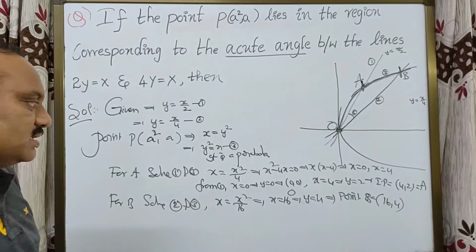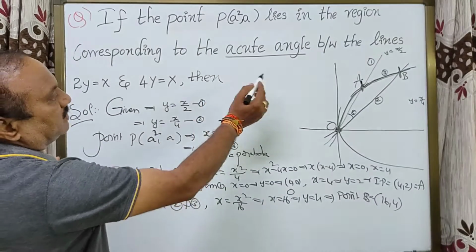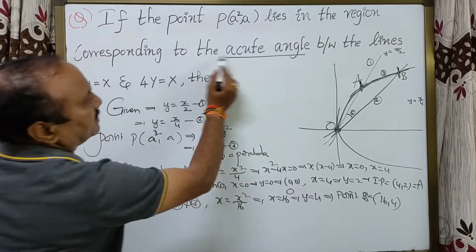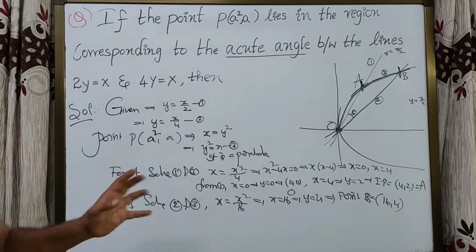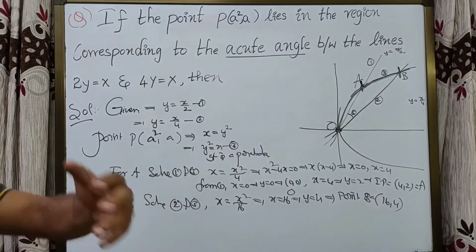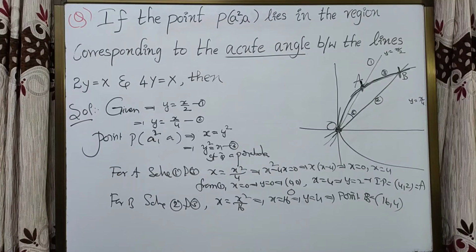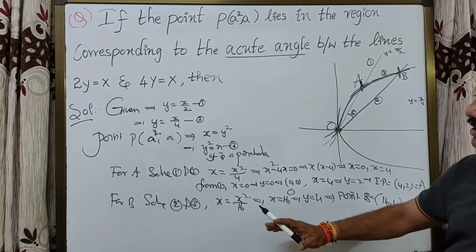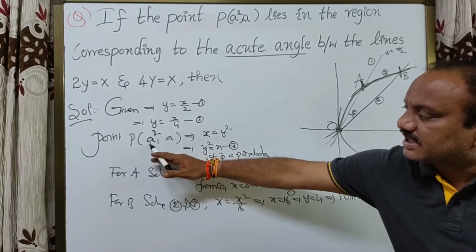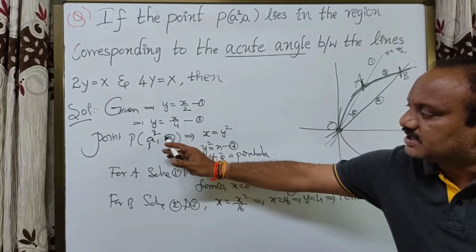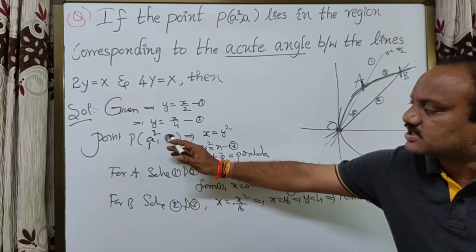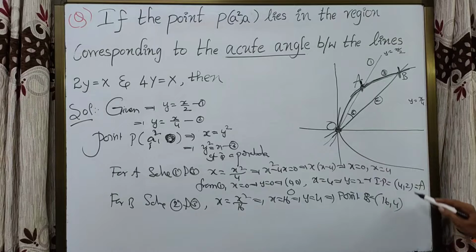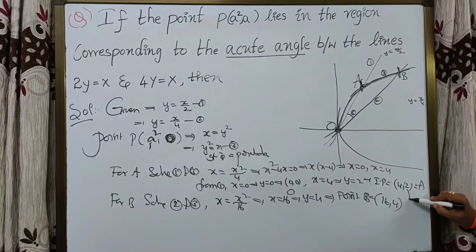Dear students, if the point P (a square, a) lies between the region, then the answer is a belongs to... Point P is (a square, a), where a is in place of the y coordinate. From A to B, y coordinates are 2 to 4.